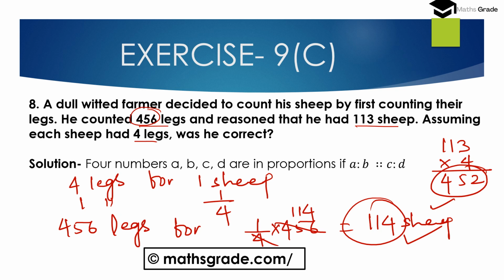One sheep had 4 legs, so 113 multiplied with 4 is equal to 452, but it is not equal to 456. So 456 legs for 113 sheep is not correct. It will be 114 sheep. The answer is 114 sheep.